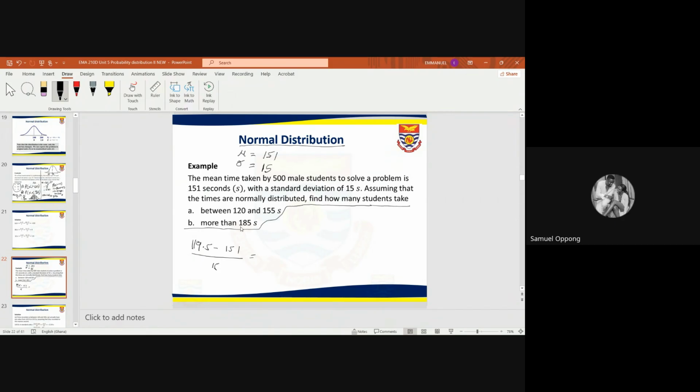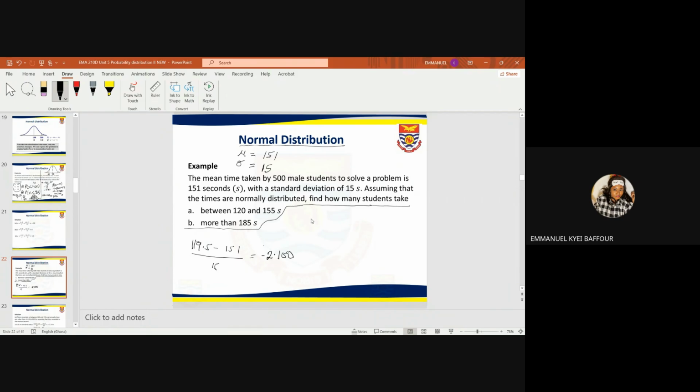Negative 2.1. So you can make it negative 2.10 because of the distribution that we'll be reading from. And then we come and look at this. Okay, now let's look for this one too.